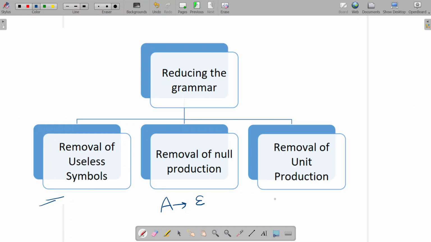And also unit production. If A maps to B, if one non-terminal maps to another non-terminal, it is an example of unit production. So there are three ways to reduce the grammar in an optimum way: removing the useless symbols, removing null productions, and removing unit productions. We will discuss them one by one.